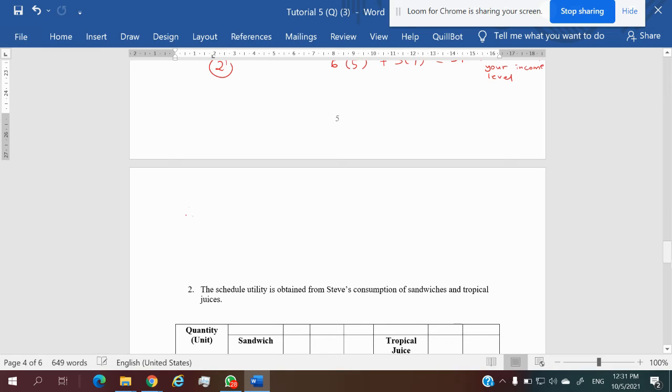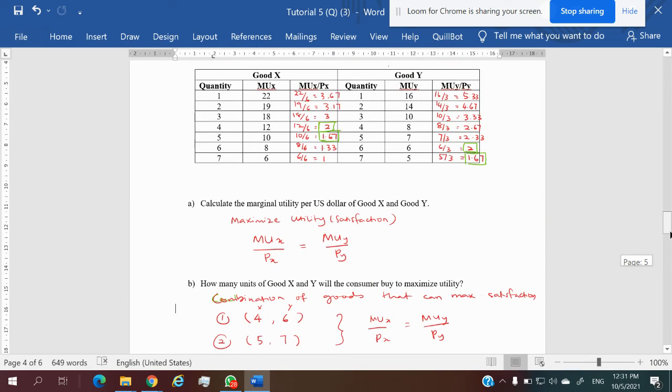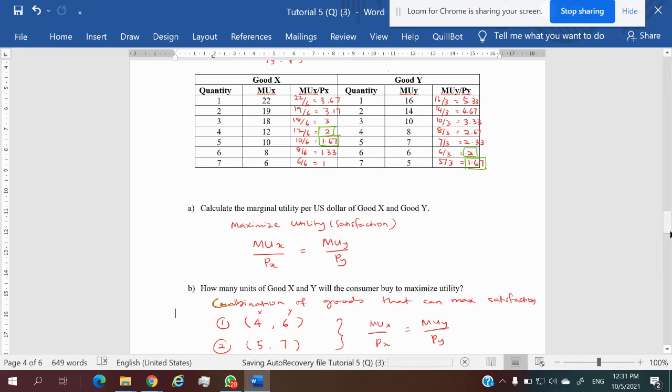Okay, so the conclusion: to maximize utility or satisfaction, the consumer has to purchase 4 units of good X and 6 units of good Y. Okay, class, I hope you are all clear on how to find the point where you can maximize your satisfaction level.